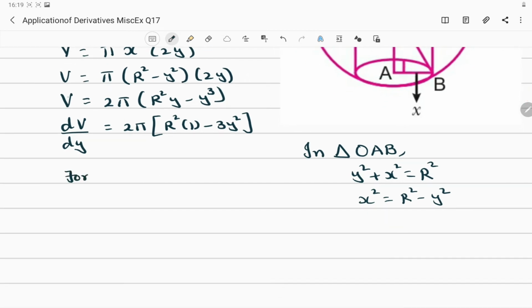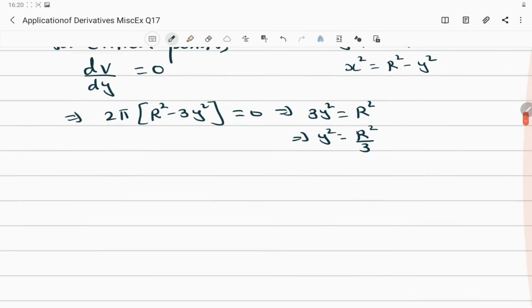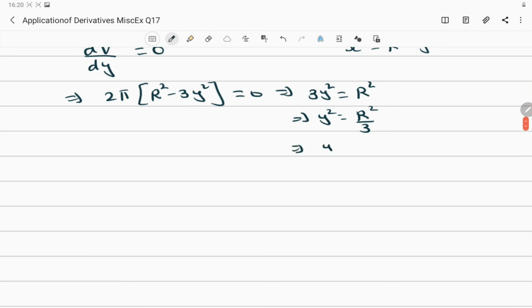For critical points, dV by dy should be equal to 0. So this implies 2 pi times R square minus 3y square equal to 0, which implies 3y square equal to R square, or y square equal to R square by 3. So this implies y equal to R by root 3.